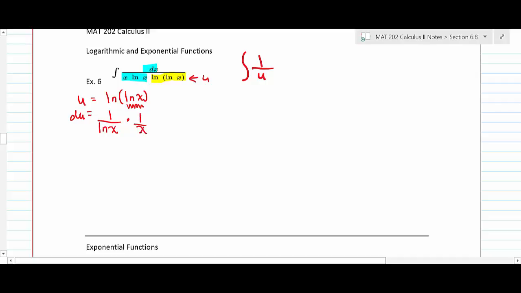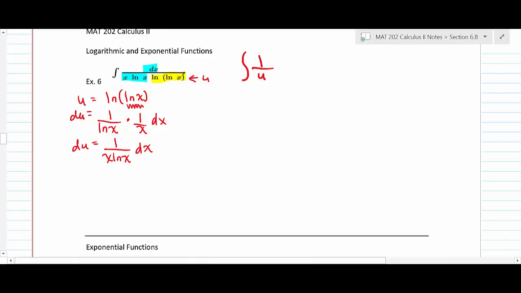Remember we did that earlier in the section. So it's 1 over the function times the derivative of the function. Notice that that is 1 over x ln x times dx. And look at that, that's what you're left over with. So that problem was designed with that idea in mind. We've got everything that we need on this.